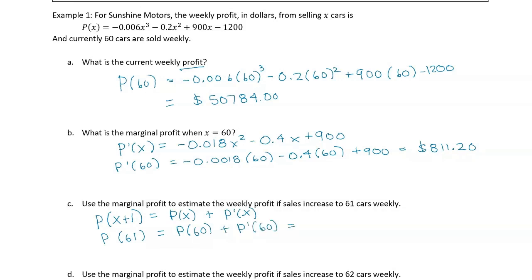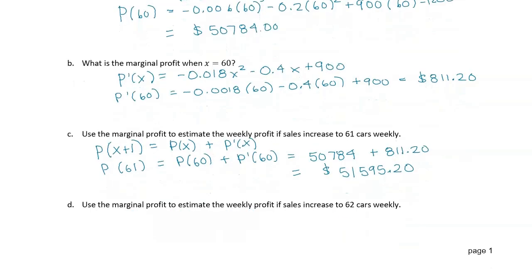Well, we already have these values, so it's $50,784 plus $811.20. So this is going to be $51,595.20. So if we sold a 61st car, this would be our profit.